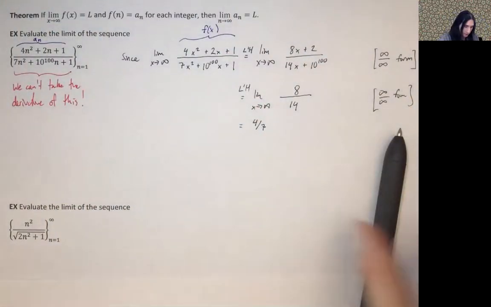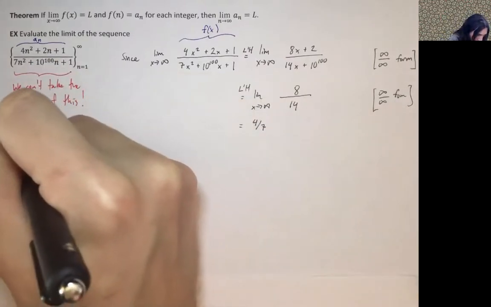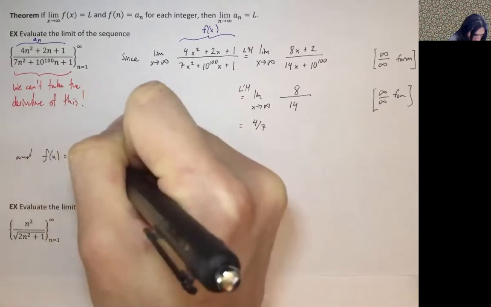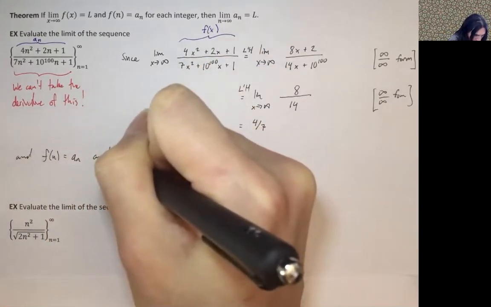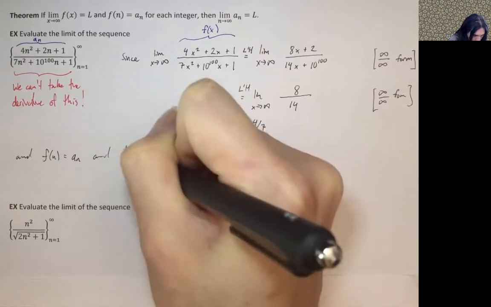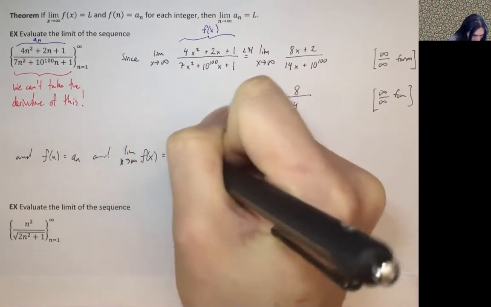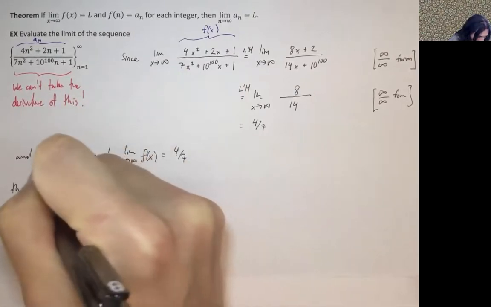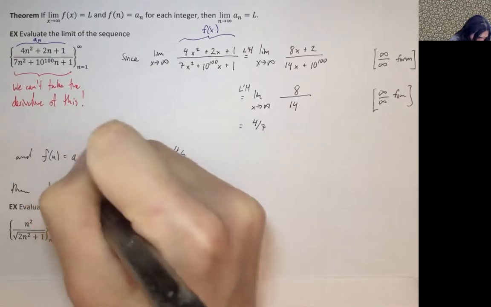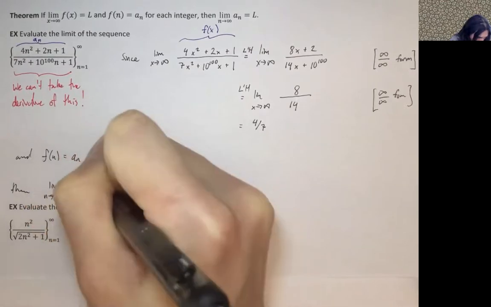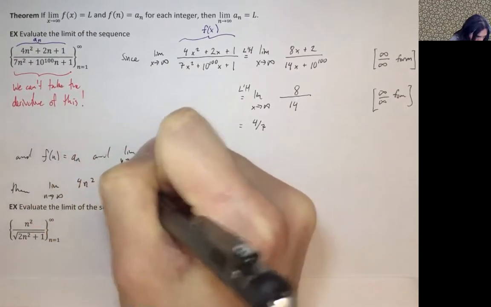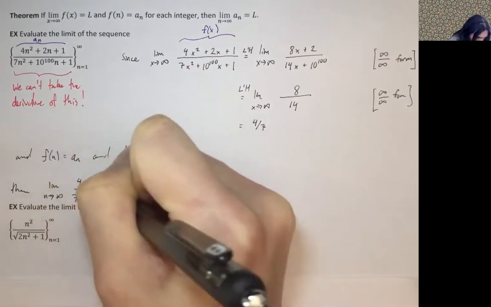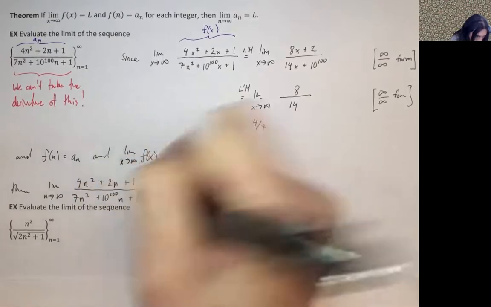Since f of n is equal to a sub n, and the limit of my f of x was equal to 4/7, then the limit of my a sub n is also equal to 4/7. So this is the appropriate way to write this. You must switch to x's. That's part of the proper notation that we will be grading on.